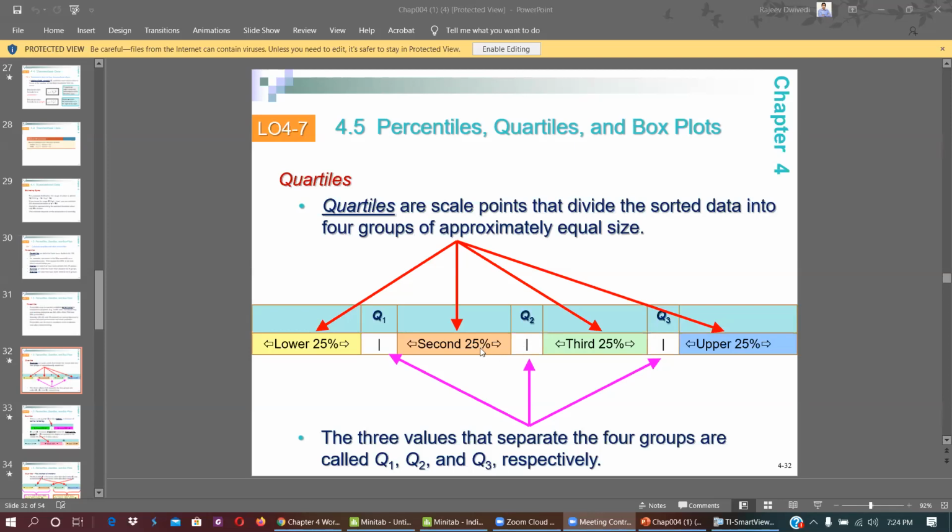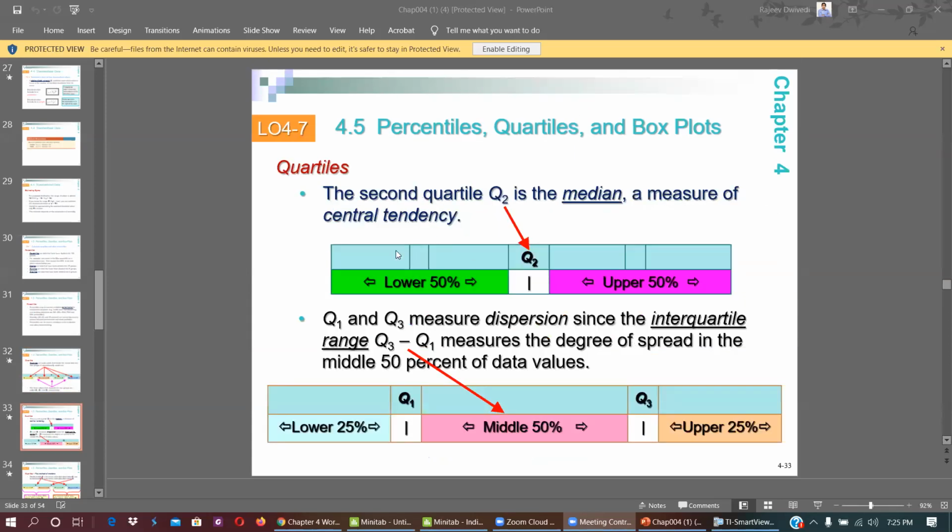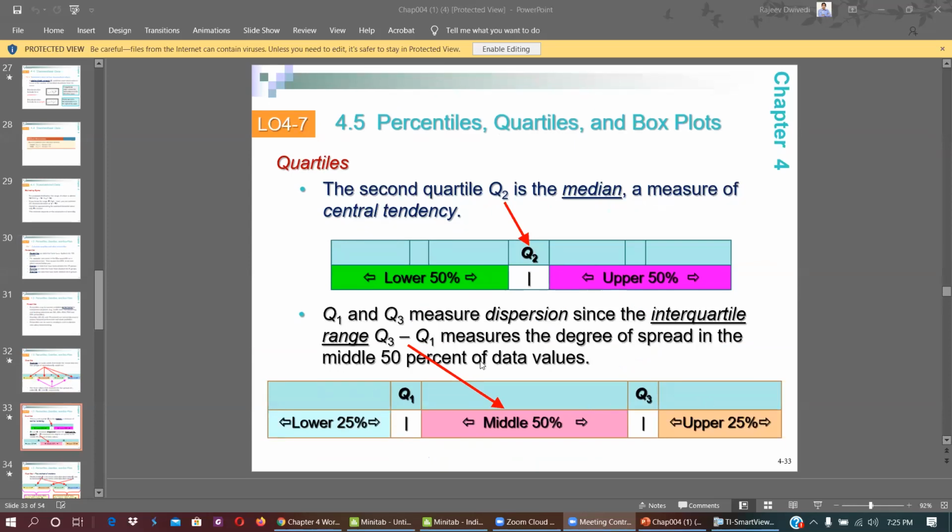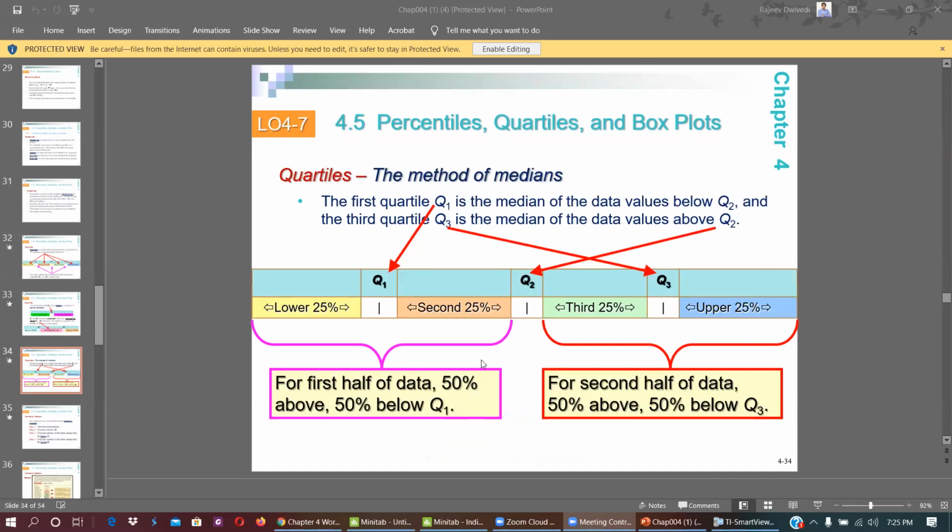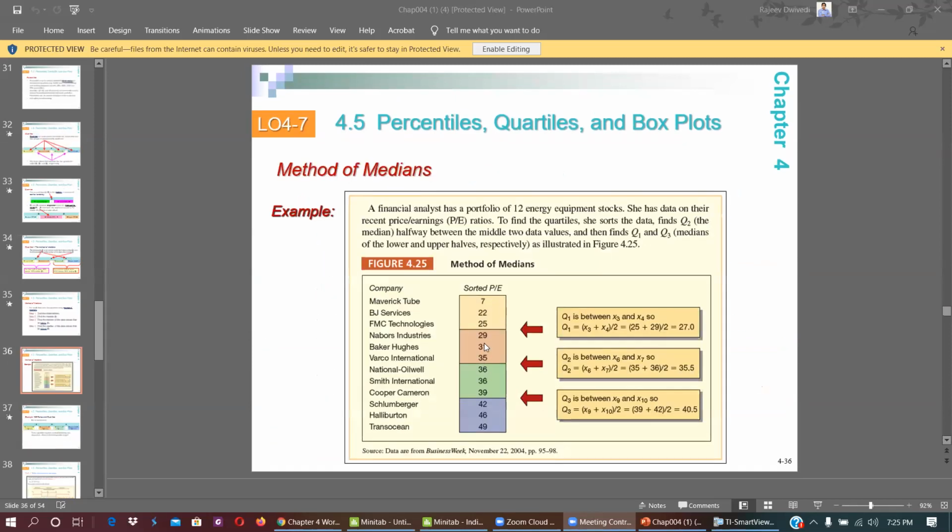Q2 is the boundary between second and third, and Q3 is between third and upper quartiles. So how do we do it? First you take the lower 50% and upper 50% using the median, then you do the same thing again. I don't need to do this.